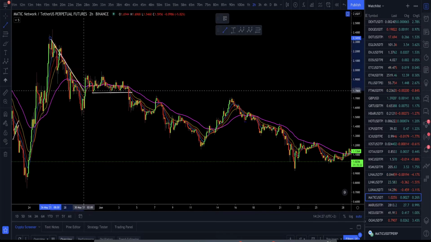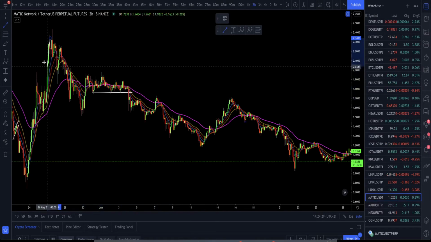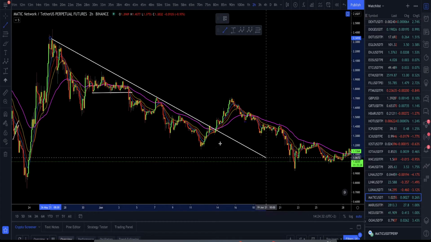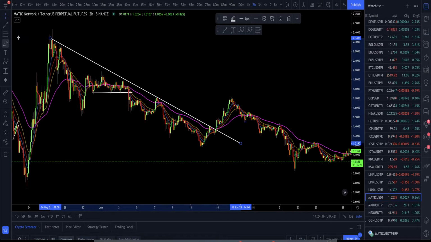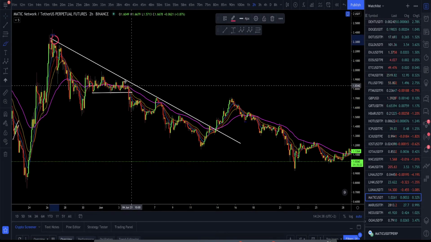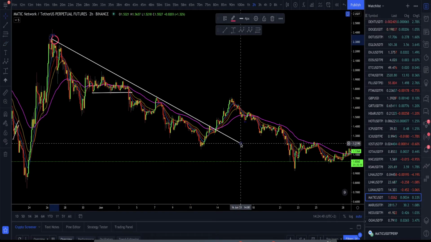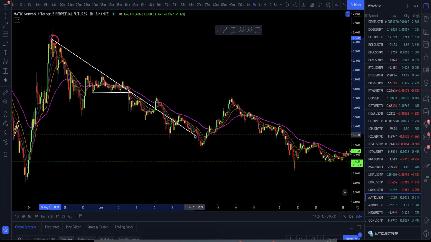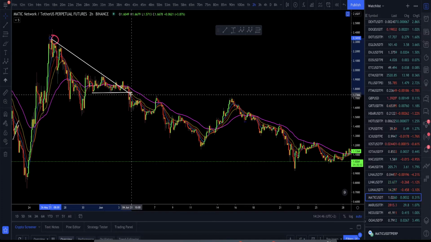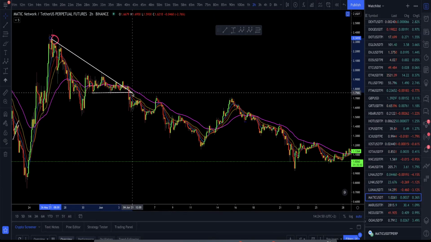So yeah guys, in this case, let's go and use the trend line. You can clearly see that it already touched one, and then you have to use it as this first, right? Yes, like this.